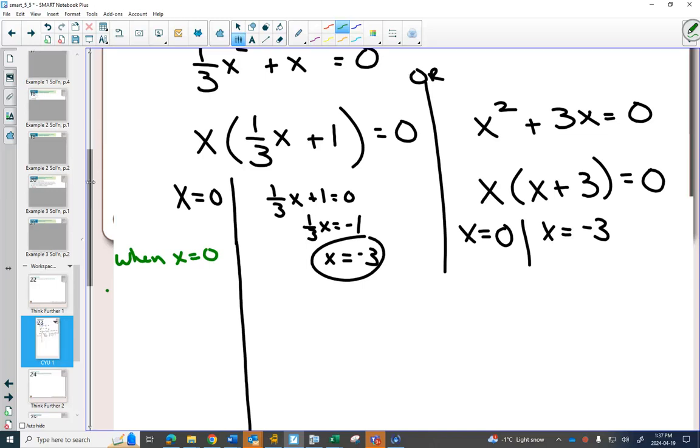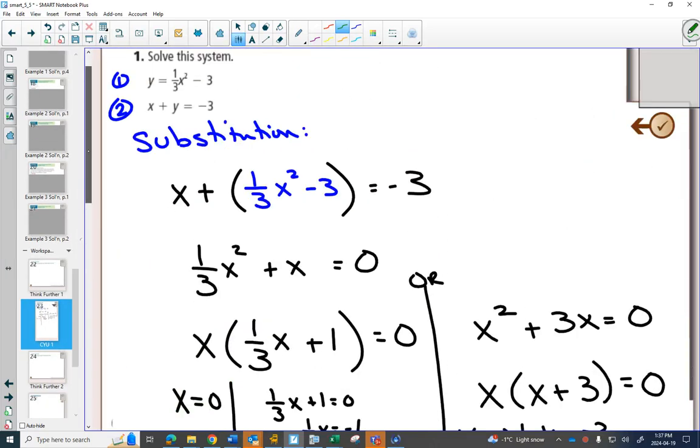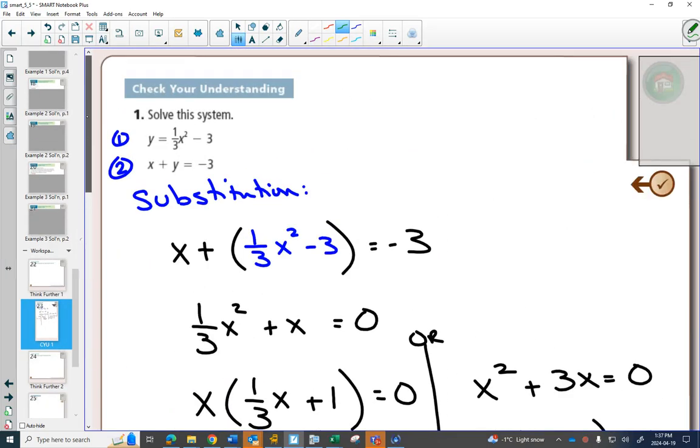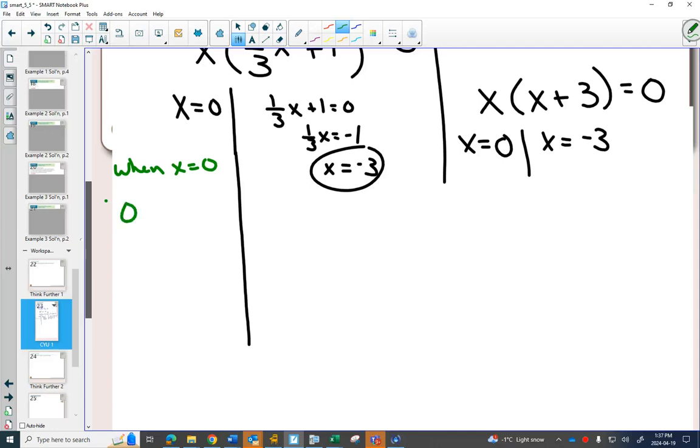And I would probably go to, of my two equations, try to figure out which one would be easier. And they both look relatively easy. If you plug in 0 for x, can you see that y would be -3? I can show my work. 0 plus y equals -3, so y equals -3.